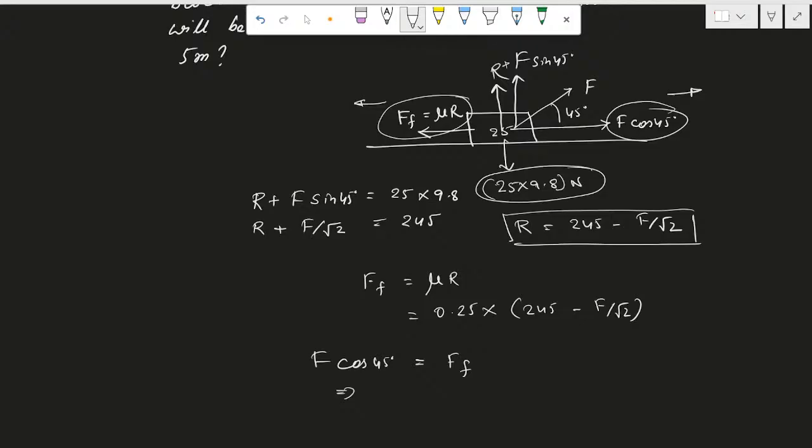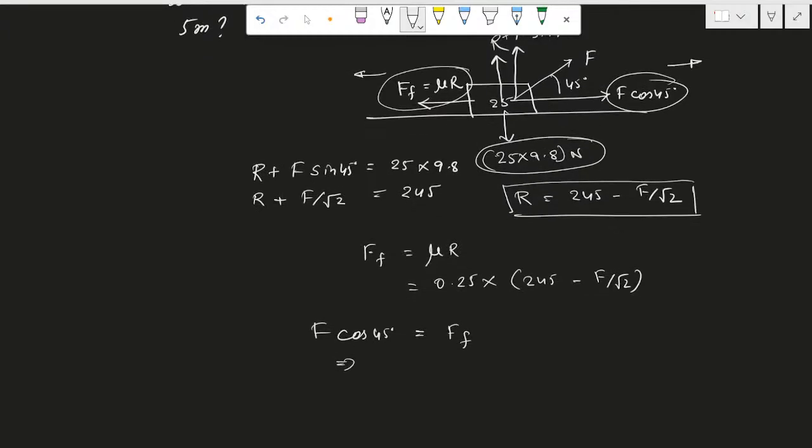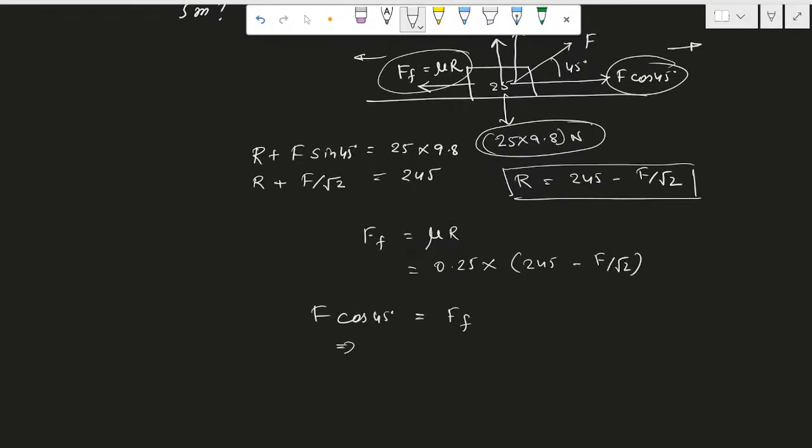Now here we can write this. F cos 45 is again F by root 2, and that equals the frictional force, 0.25 into 245 minus F by root 2. Now 0.25 is nothing but 1/4.